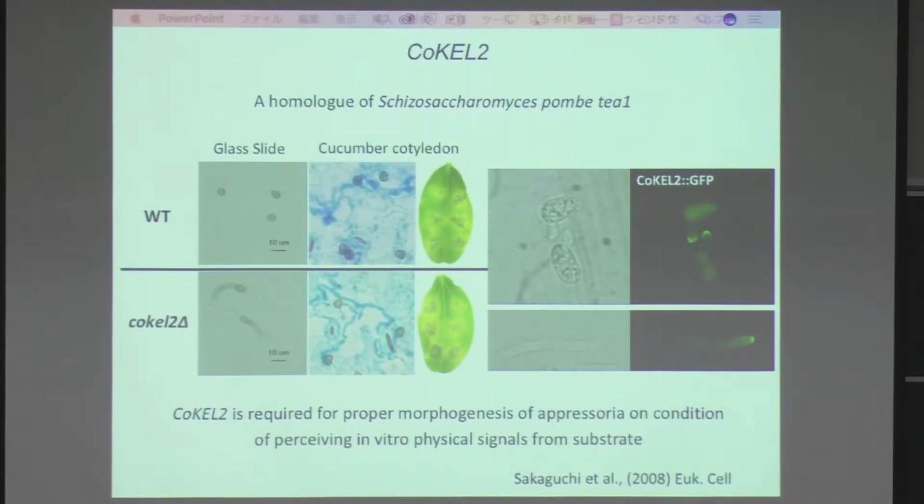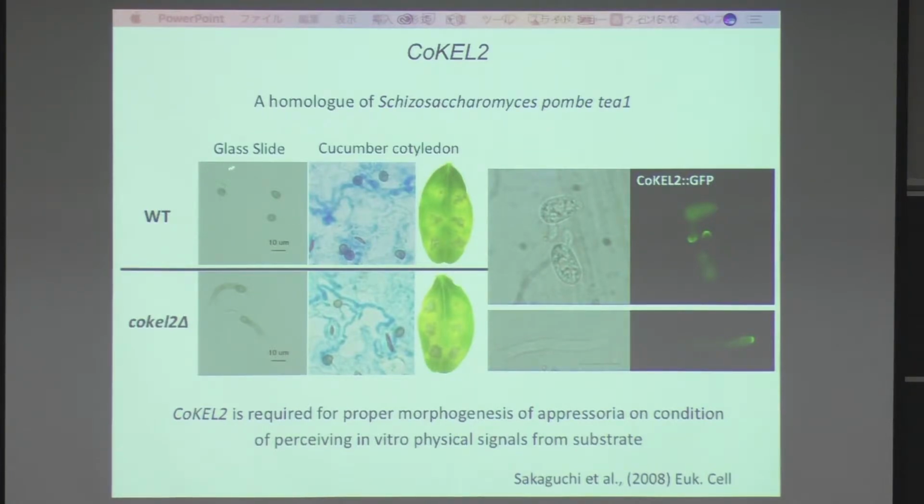In our previous study, we have identified the COK2 gene of C. orbiculare. This gene is a homologue of fission yeast, Schizosaccharomyces pombe, Tea1, that plays a role in cellular polarized growth. Accordingly, the COK2 of this fungus localized at the apical growing region, similar to Schizosaccharomyces pombe, and is involved in development and morphogenesis.